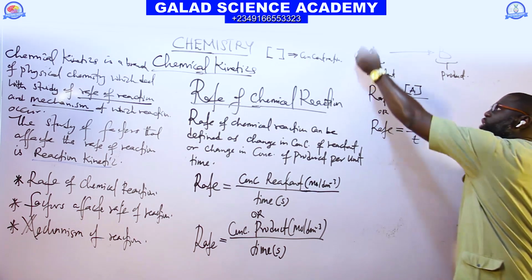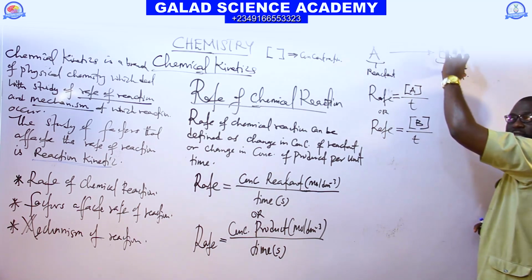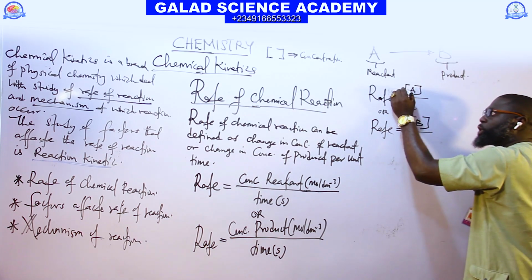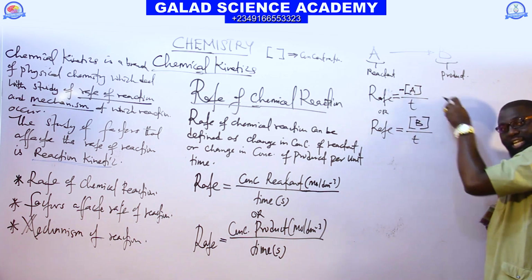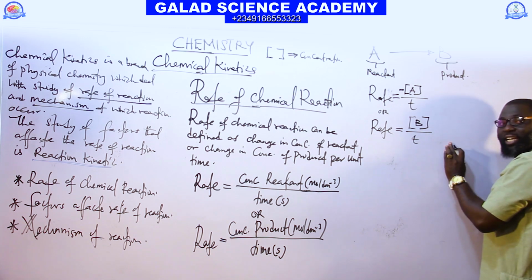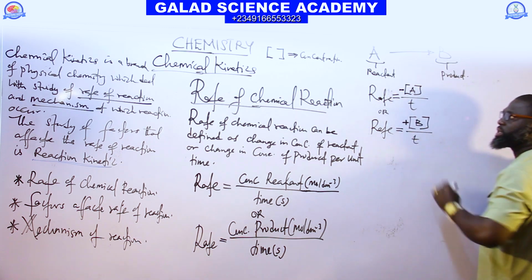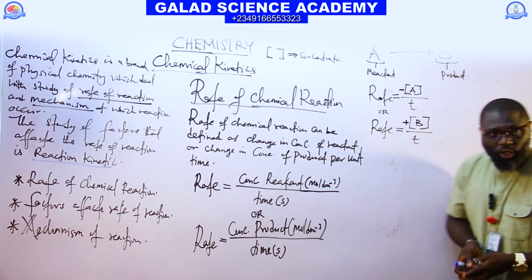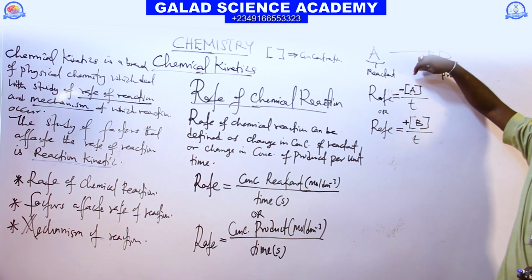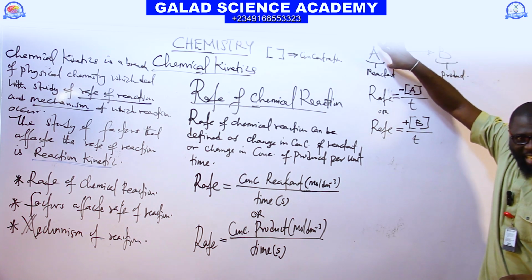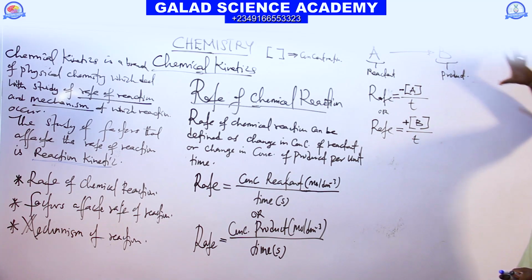So since A is disappearing or reducing in size in order to form B, you put minus A. And B is appearing or increasing in size, which comes from A, so you put plus B. So in the rate equation, for our reactant, we always put a minus sign there. It simply means this is what is reduced in size in order to form the product. And the product will be increasing in size.